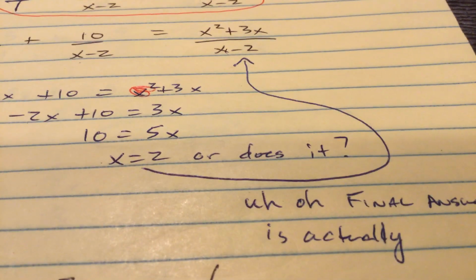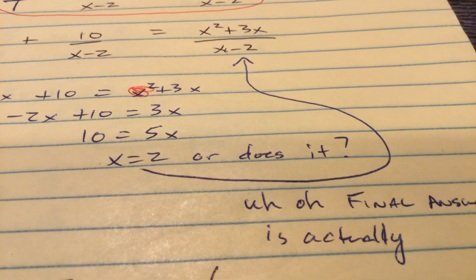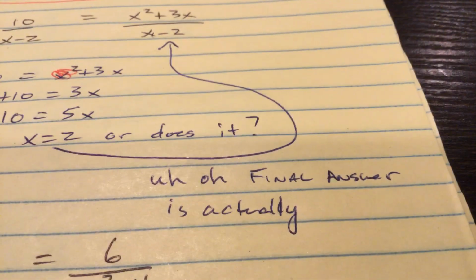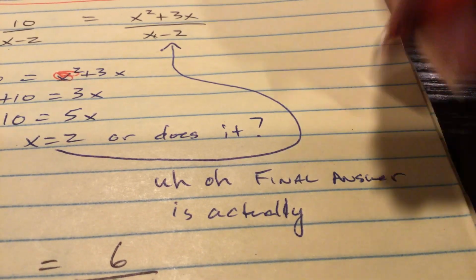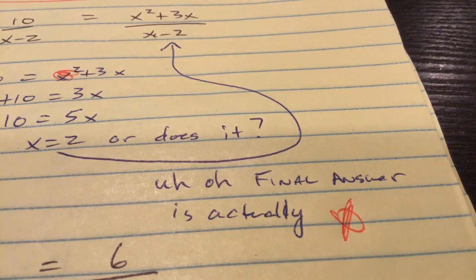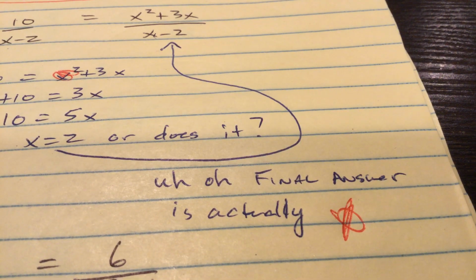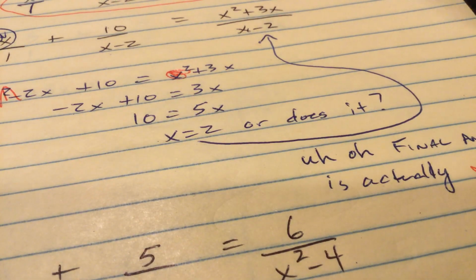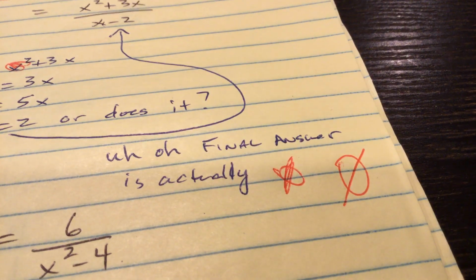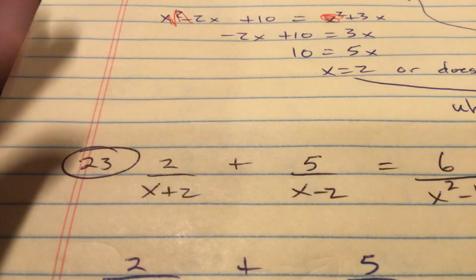This is an example of an extraneous solution, a solution that you get that makes that initial equation invalid, undefined. So the final answer is actually no solution. There we go. Final answer is no solution. That might happen a few times here.